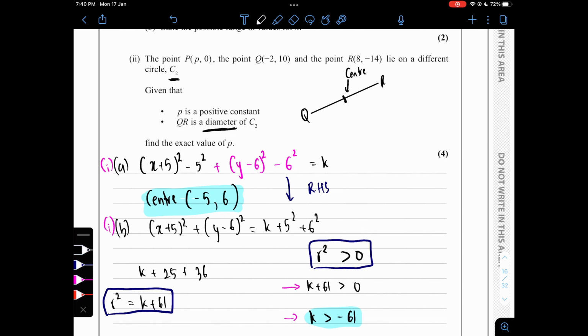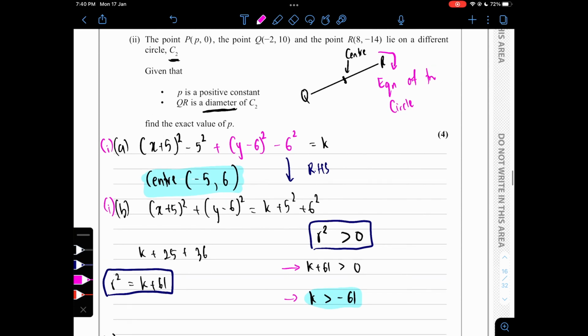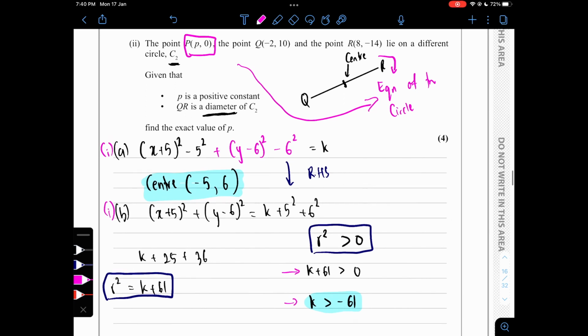How does that help us? If we can find the equation of the circle, that equation will help us find P, because we can substitute into it. So let's do that.